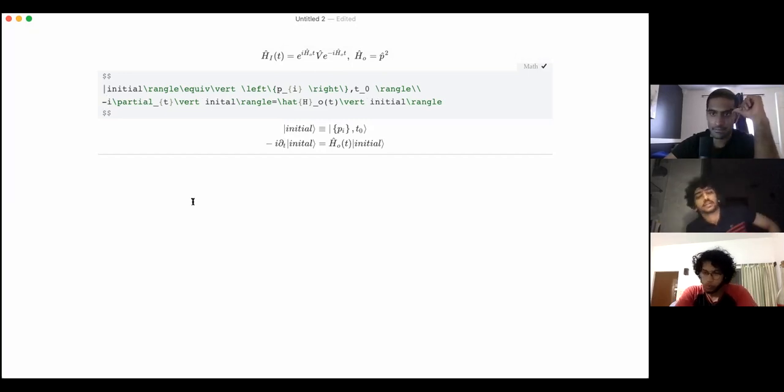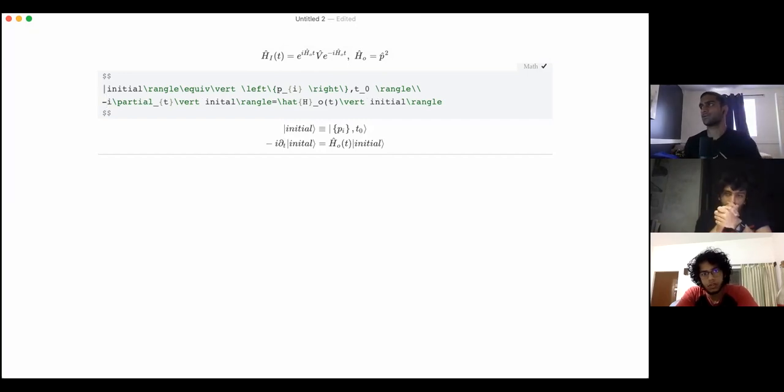And then you pick up some terms. Yeah, essentially. So that basically means that if we want, we could try to work out who is H sub I of t, the Hamiltonian on the right-hand side of the Schrodinger equation, for?